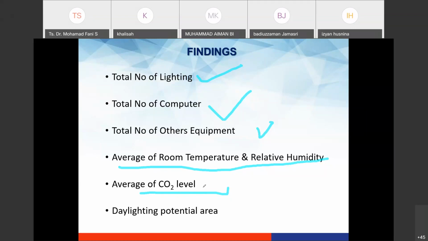So you can get enough oxygen or fresh air in the building so that people can have a good level of oxygen for any activity.